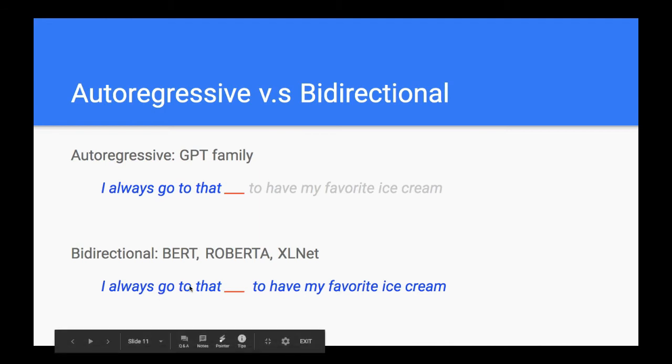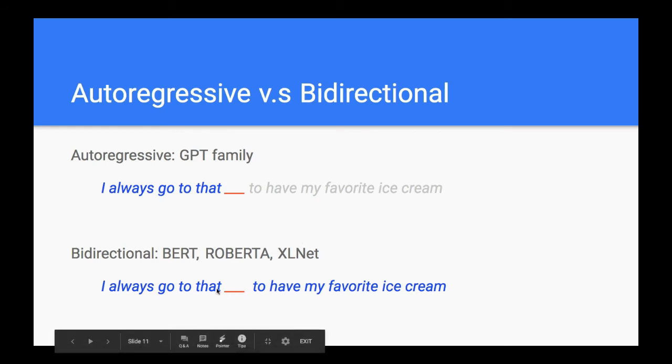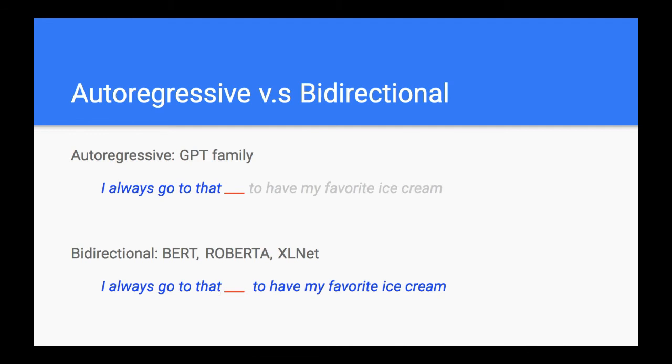You have information from two different directions, backward and forward, as in the BERT model, RoBERTa and XLNet. A lot of popular neural language models are in this category, bidirectional. They have so-called bidirectionality, the ability to access and leverage the full context of the sentence or document.